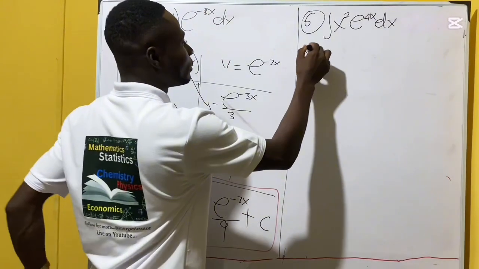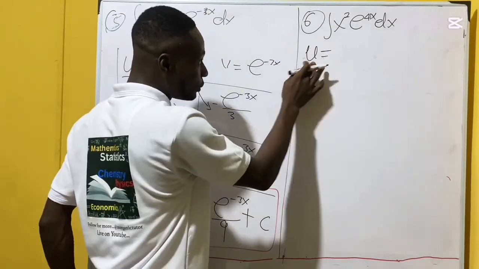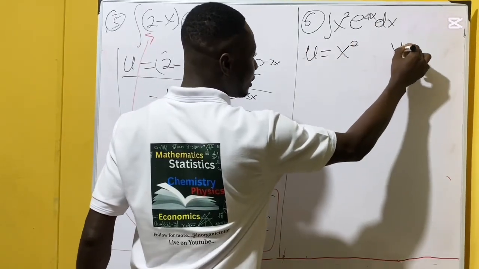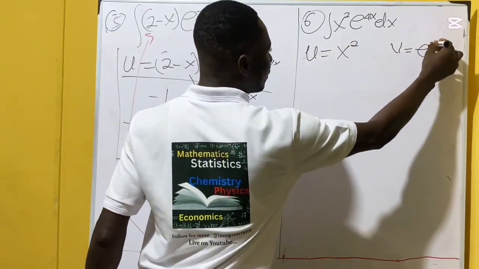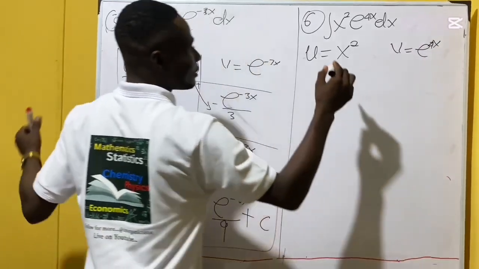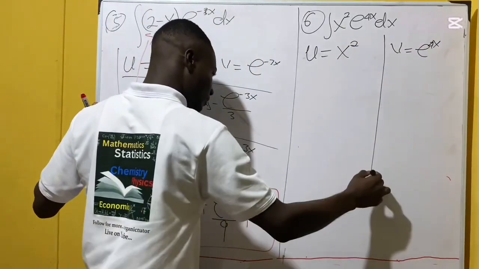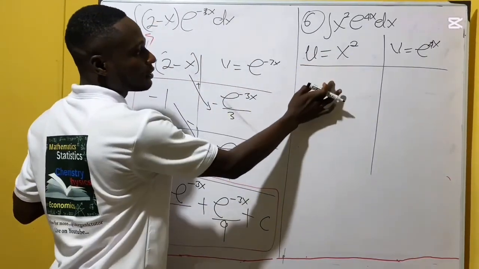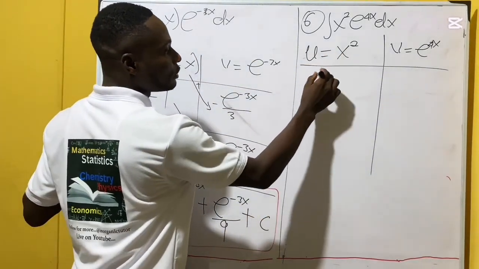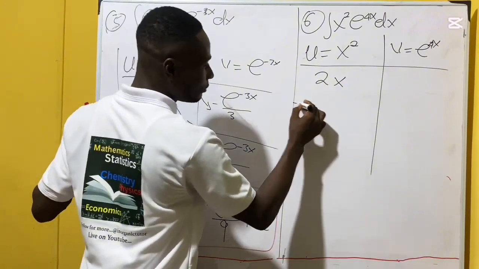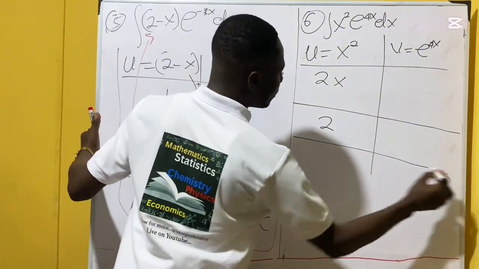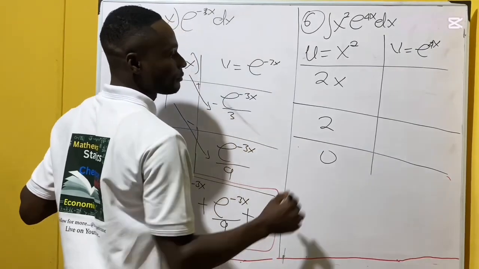Right, so your u is equal to x squared, and our v is equal to e power 4x, right? So we have this right here, this goes away. The differential of this is going to be 2x. Go down again, you have 2. Go down again, you have 0.